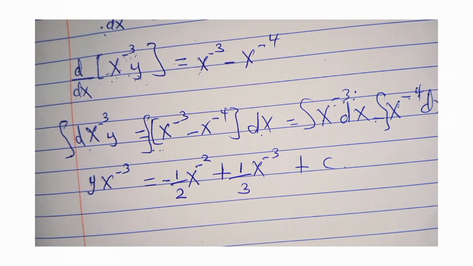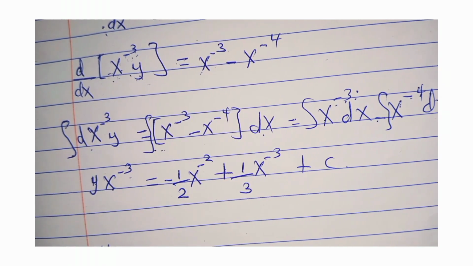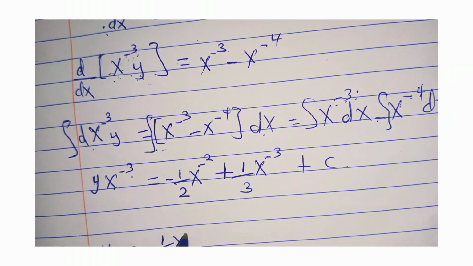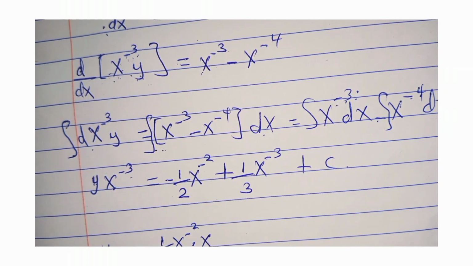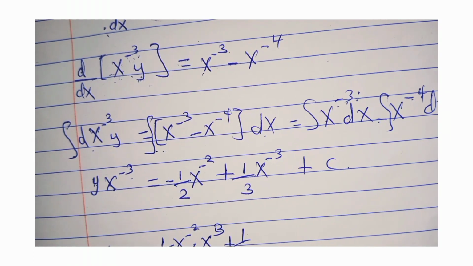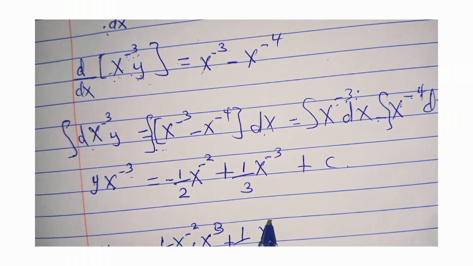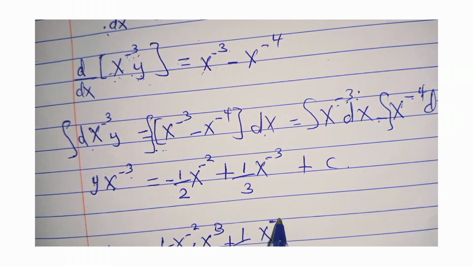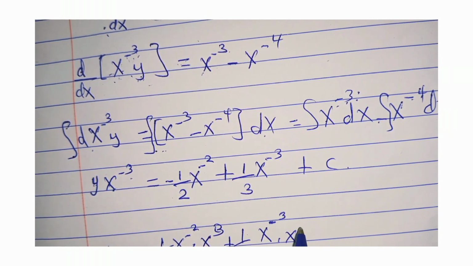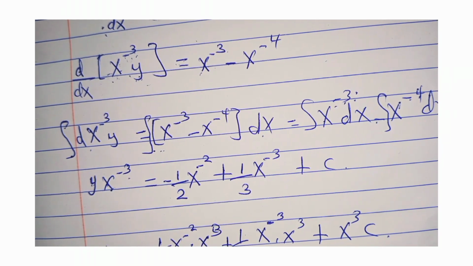Then from there, you can divide both sides by x to the power negative 3 to obtain y is equal to negative 1 over 2 x to the power negative 2 multiplied by x to the power 3, plus a third x to the power negative 3 multiplied by x to the power 3, plus x to the power 3 times constant c. So that is what we obtain there.